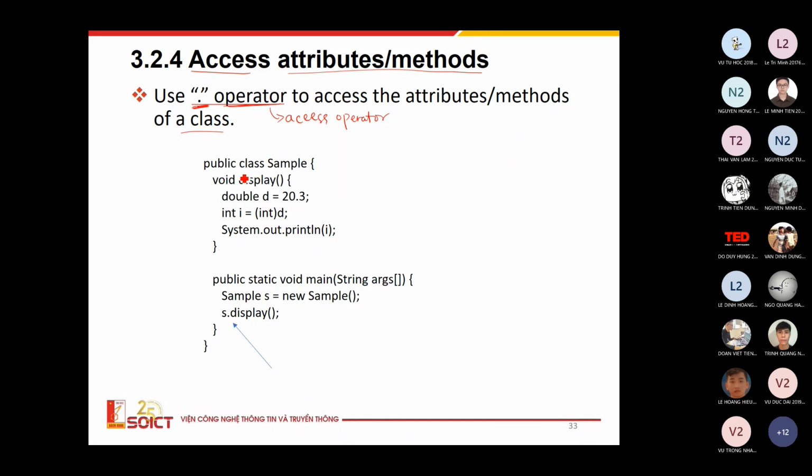For example, you have this class named Sample, and then somewhere in your program, you have one object of the Sample class, and you want to access the method of this class, the display method. So you will use the access operator point here, for example.